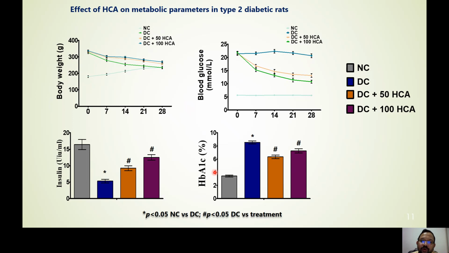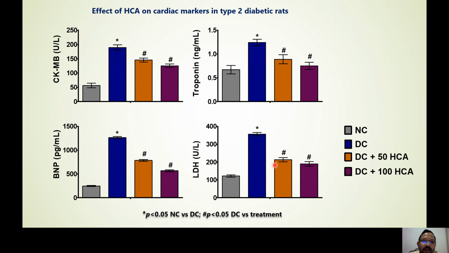Glycated hemoglobin was higher in diabetic rats and significantly decreased in 50 and 100 mg per kg HCA treated rats. Cardiac markers like CKMB, troponin, BNP and LDH levels were significantly higher in diabetic rats, and these levels were significantly decreased in diabetic rats treated with 50 and 100 mg per kg HCA.